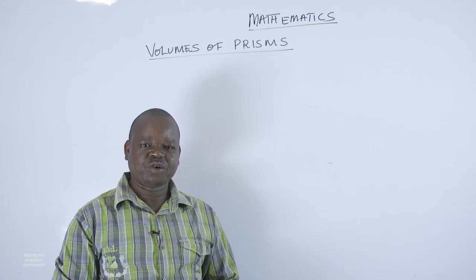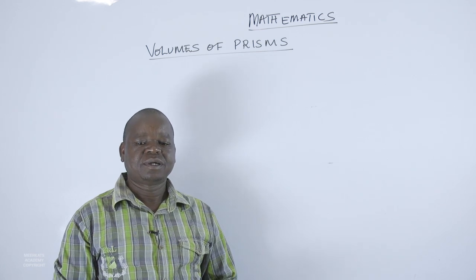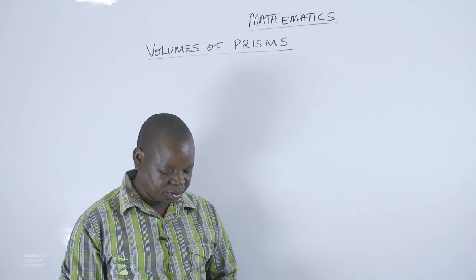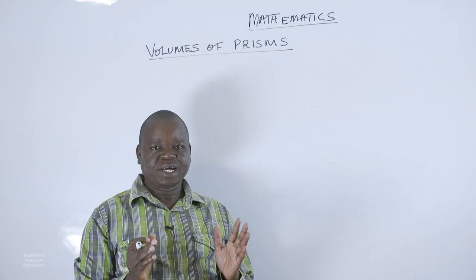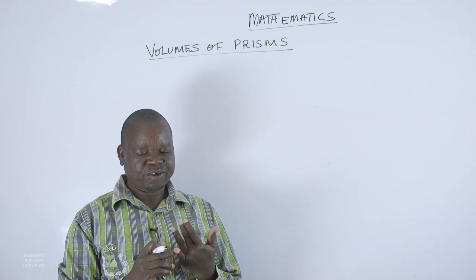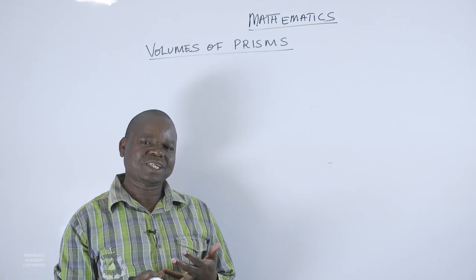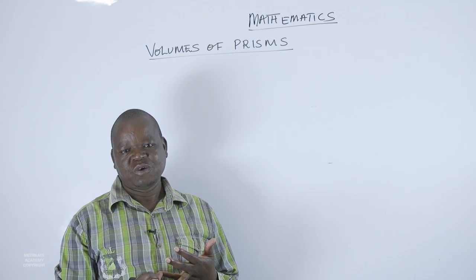Yesterday I gave you examples of prisms that we have in life, and as such, when we look at prisms, we look at prisms in terms of surface area, which we have already done, and we look at prisms in terms of volume.